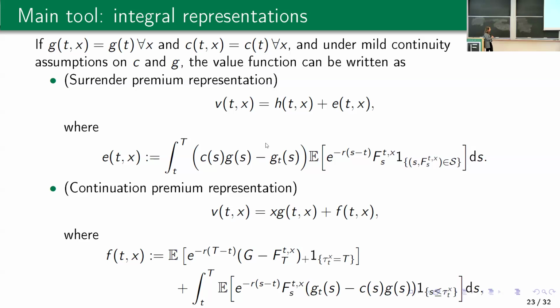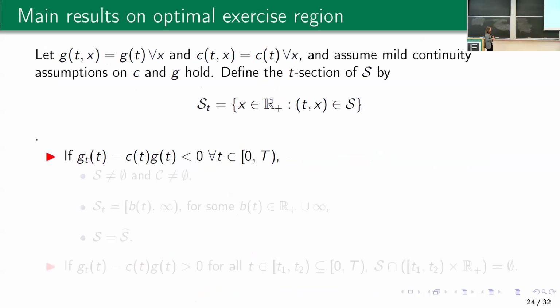So when this term and that term are positive or negative, it really impacts the shape of the surrender region. And this is what characterizes a lot of the surrender region. It's really, like was mentioned previously, the interaction between the fees and the surrender function.